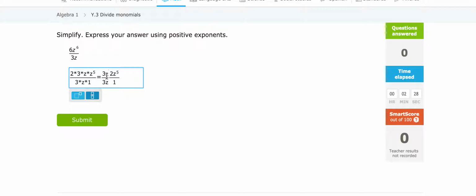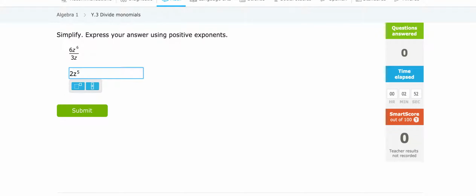So 3z over 3z, and then 2 times z to the 5th over just the 1. We're going to cancel out this part, so it's just going to be 1 times all of it. So when you divide anything by 1, it has the same special property of being the same. So this is going to be 2 times z to the 5th power, right?